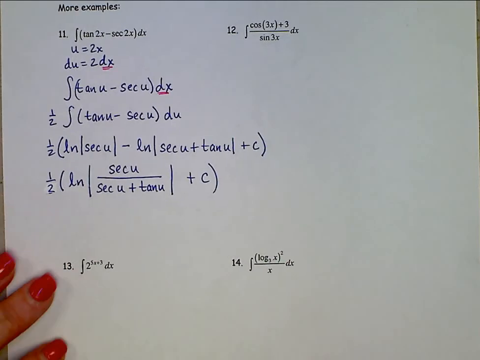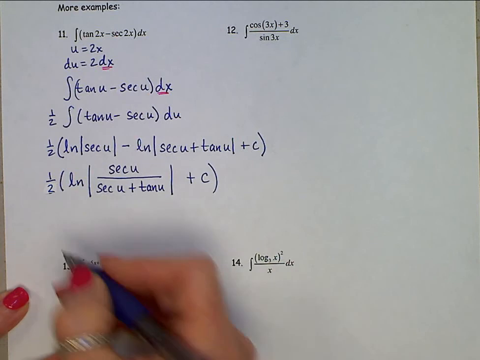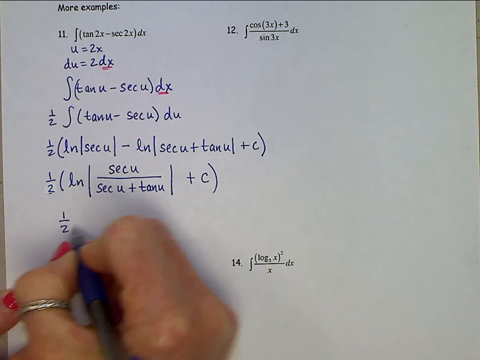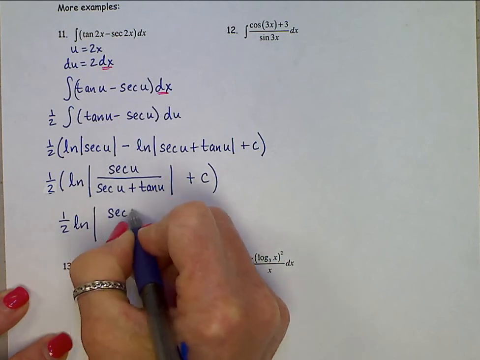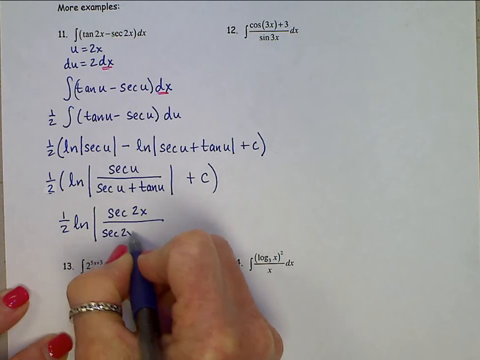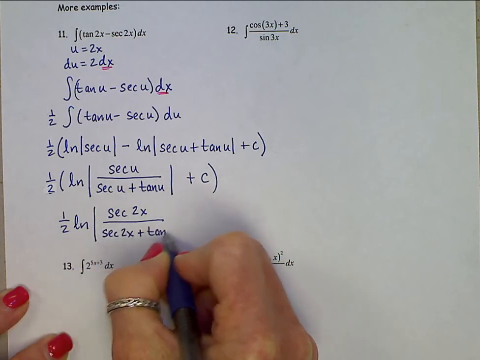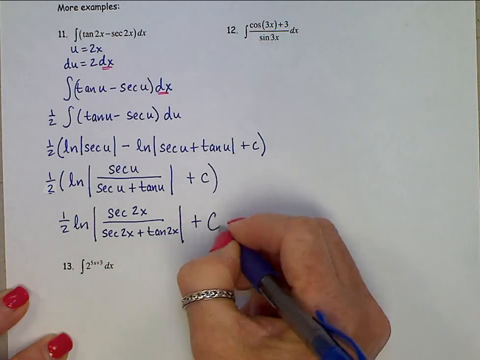And I'm going to distribute this half through and change out this u all at the same time. So we will have 1/2 natural log absolute value secant 2x over secant 2x plus tangent 2x plus 1/2 c, which is just a different c.